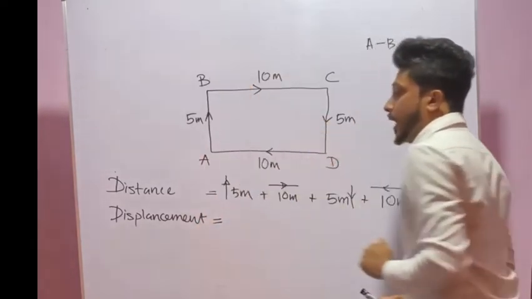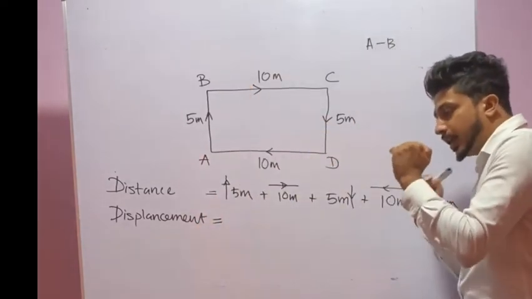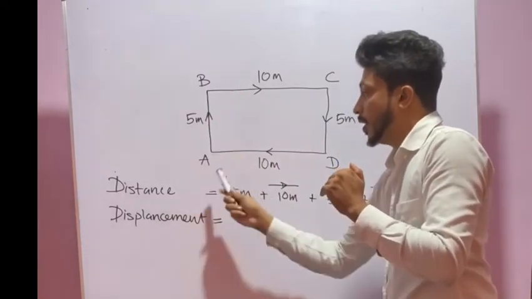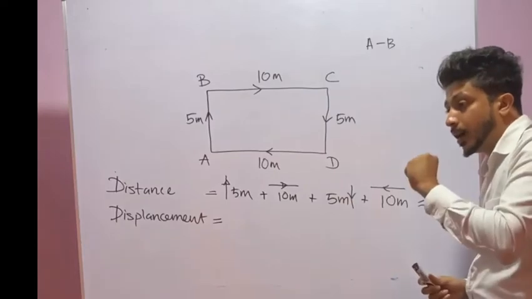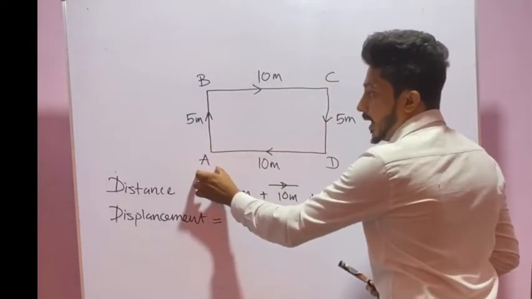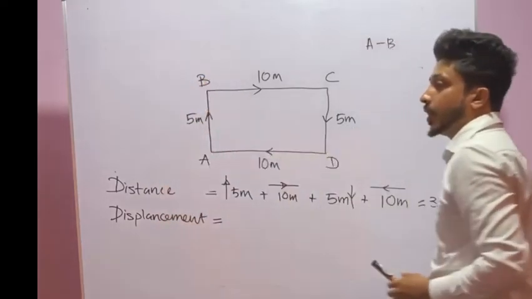In that considered motion part, what are the start position and the end position? Start position is A. End position is B here. Why?